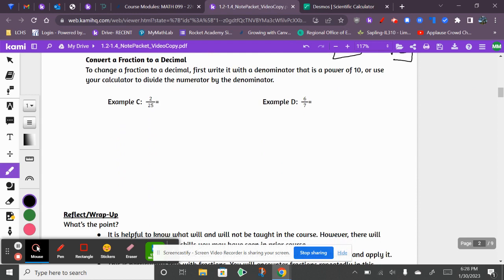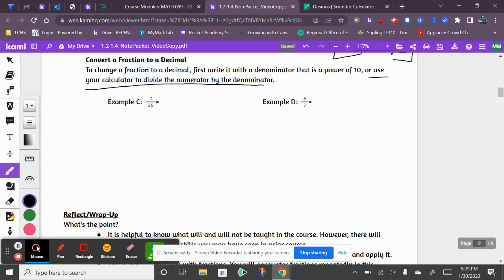The last topic that we have for section 1.2 is to convert a fraction to a decimal. So to change a fraction to a decimal, you'll first write it with the denominator that is a power of 10, or use your calculator to divide the numerator by the denominator. I think it is easier to always do the second one.